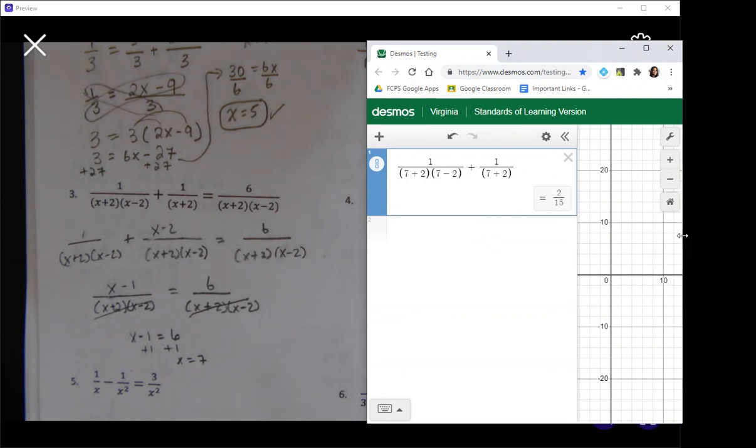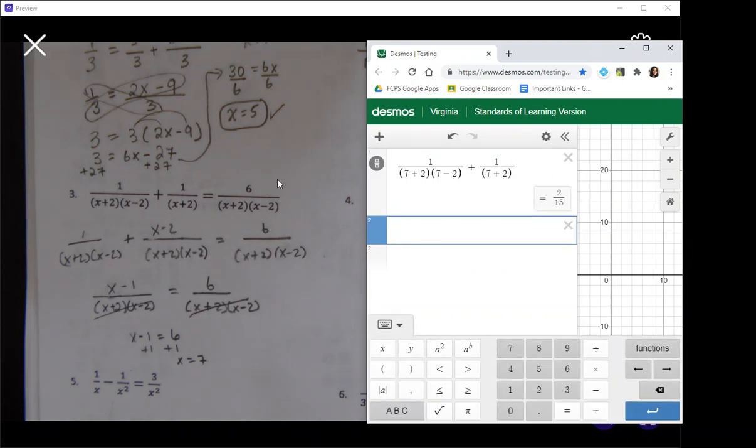And now we're going to check to see if on the right side we get the same thing when I plug in 7. So you have 6 over 7 plus 2, 7 minus 2. And it didn't work. Let me make sure I did everything correctly.